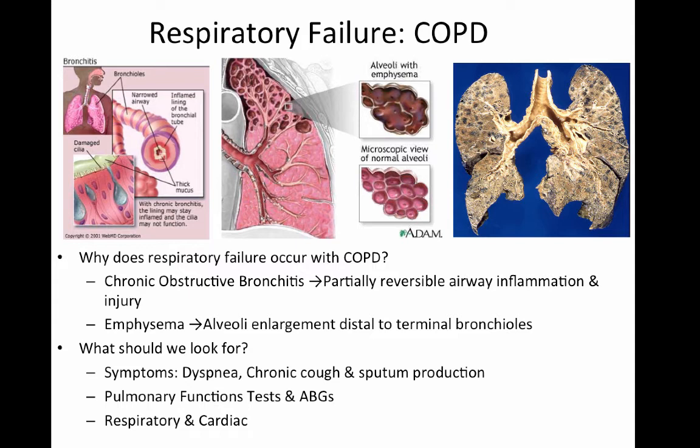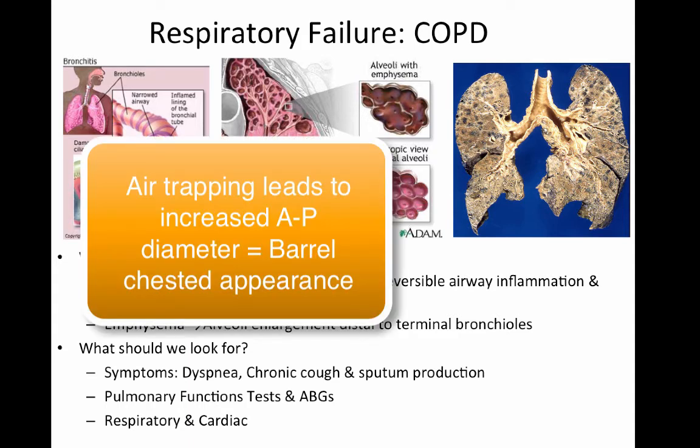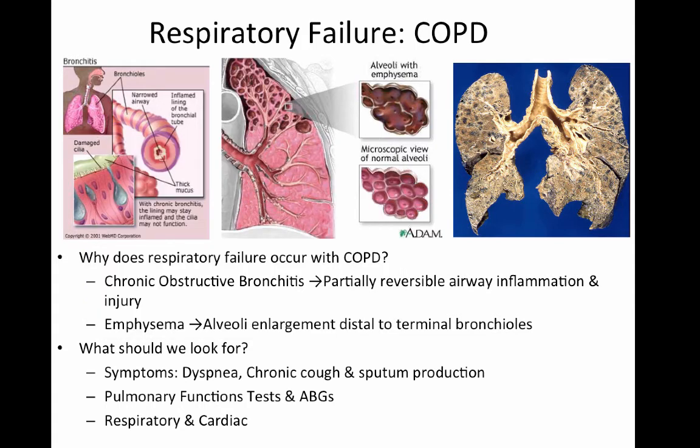Remember we said recoil is important because that's what forces air out. Well, the ability of the lungs to recoil is no longer there, so air gets trapped. And this is what creates the barrel-chested appearance of most patients with COPD. It increases the AP diameter of the chest wall from these overdistended alveoli.